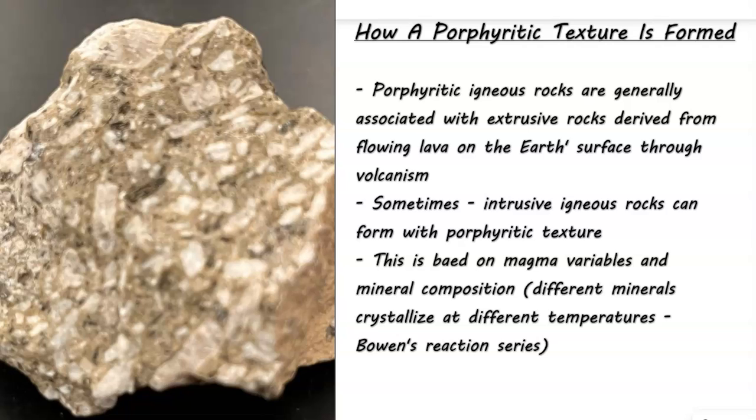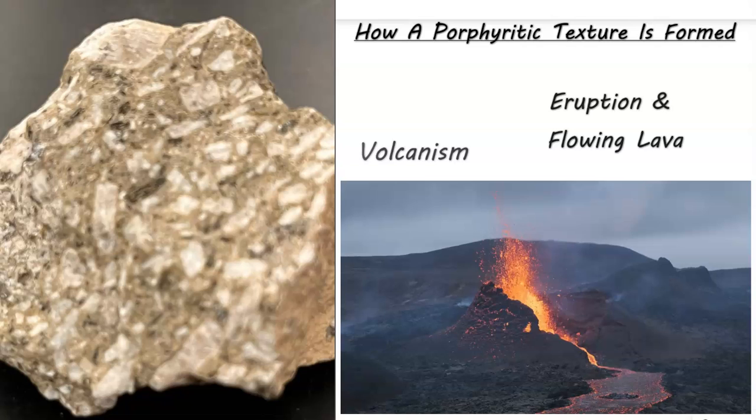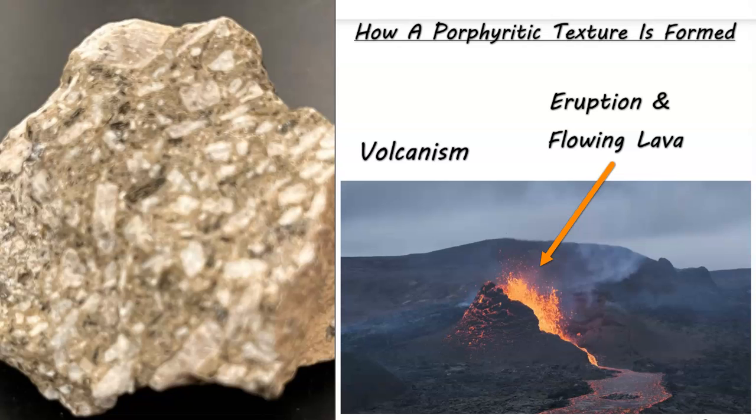The reason it's mostly found in extrusive or volcanic igneous rocks is the way these rocks form and the process of taking that magma from under the ground to the surface through a volcanic eruption. The two phases of mineral sizes come from the formation process.